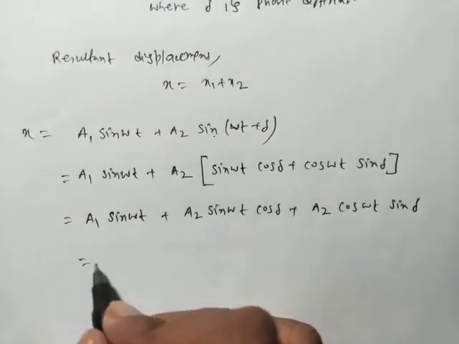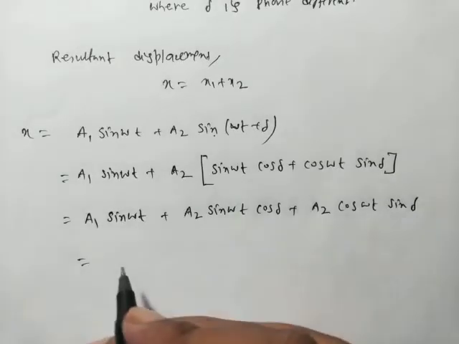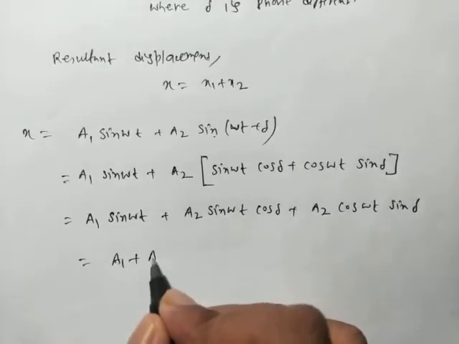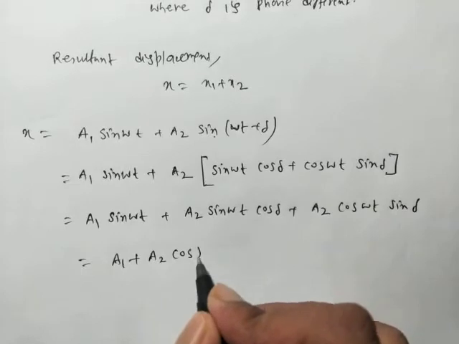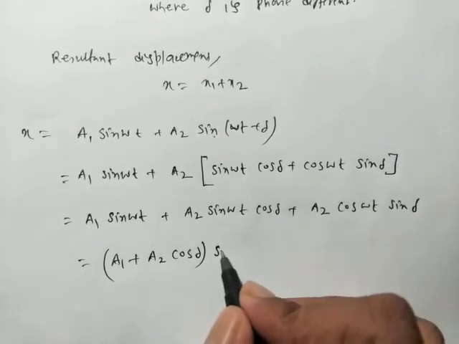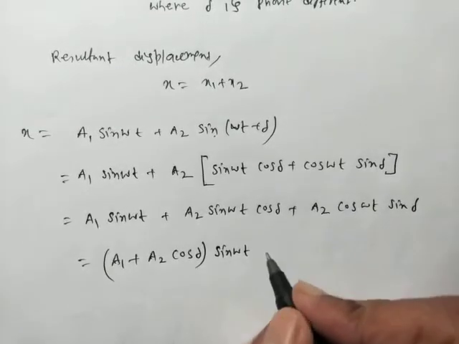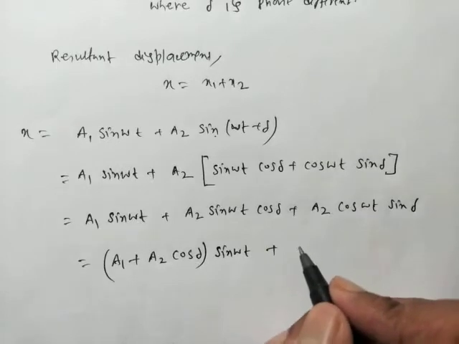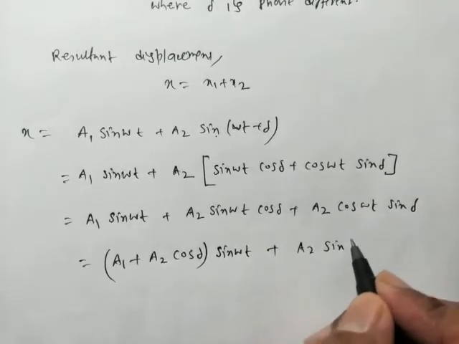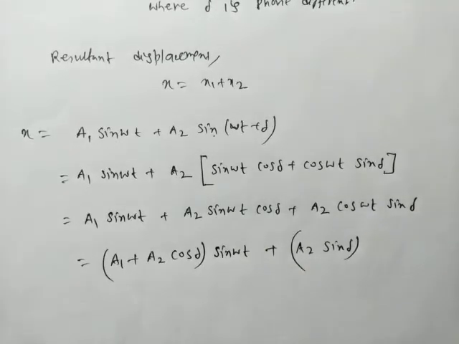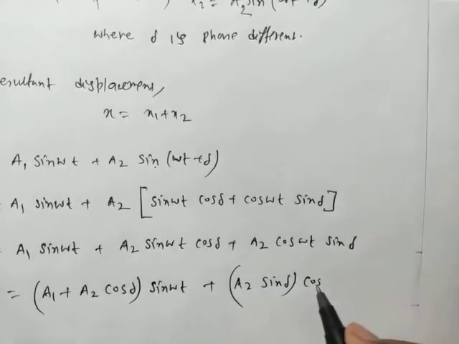If we take sin omega t common, it will be (a1 plus a2 cos delta) into sin omega t, plus a2 sin delta into cos omega t.